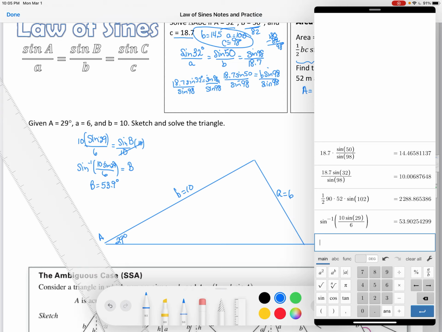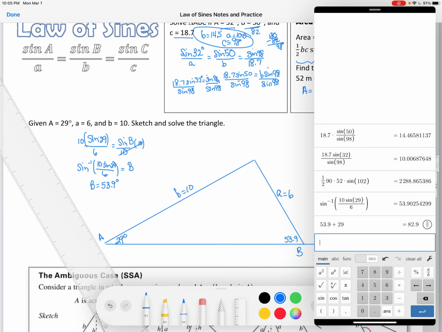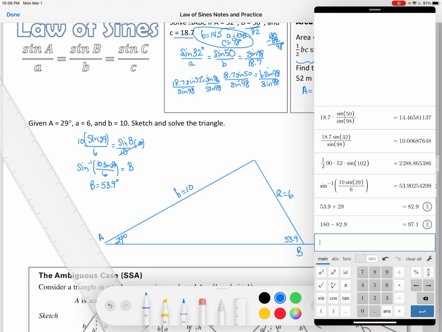Okay, so now that we know that angle B down here is 53.9 degrees, we can add that to 29 degrees and then subtract it from 180. So we get 91.7 for angle C.